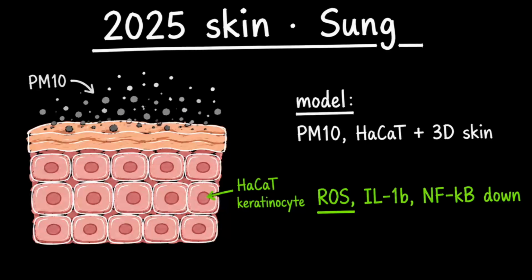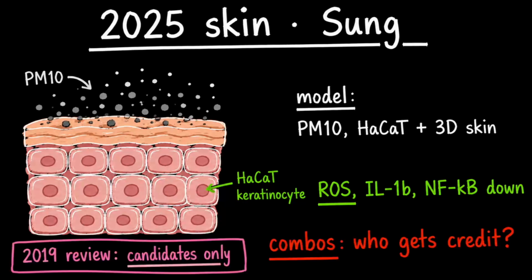So we have the same anti-inflammatory fingerprints here, and they're now in skin cells. A 2019 review framed melanocortin peptides like KPV, or similar peptides to alpha-MSH, as future candidates for wound and ulcer treatments. They were candidates though, so not exactly established treatments.